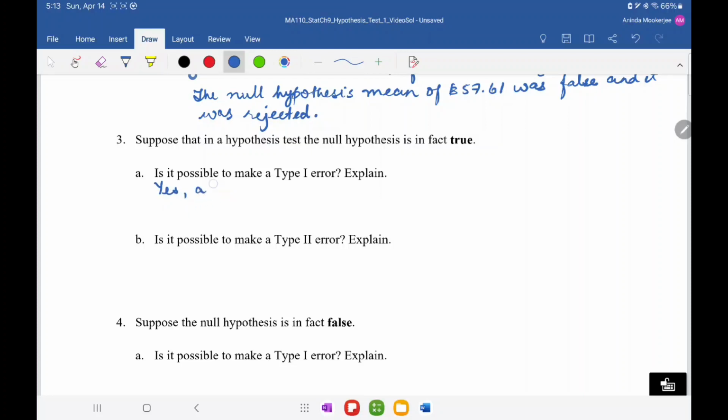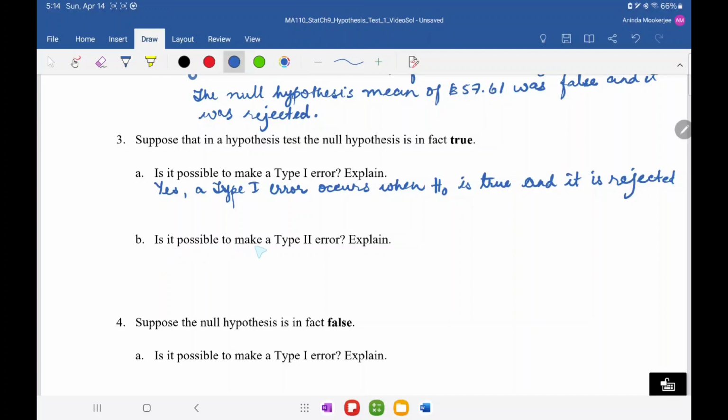A type 1 error occurs when the null hypothesis is true and it is rejected. Not only can a type 1 error be made, it is the only kind of error that can be made when the null hypothesis is true. When null hypothesis is true, only type 1 error is possible.